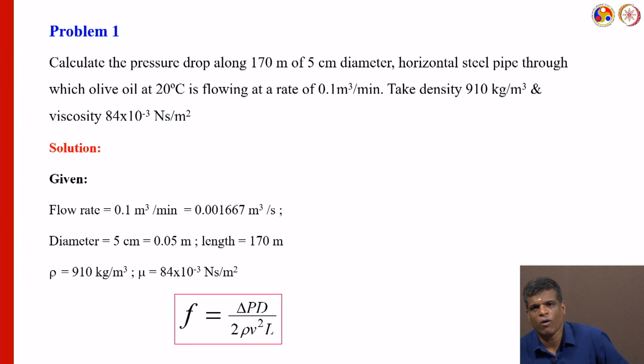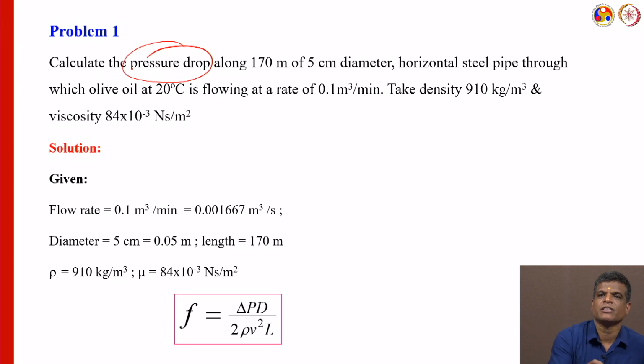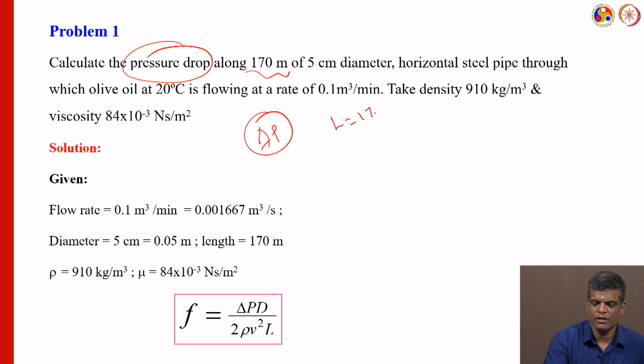So, we will discuss the problems. This is a very interesting problem. Calculate the pressure drop, delta P, along a length of 170 meters.